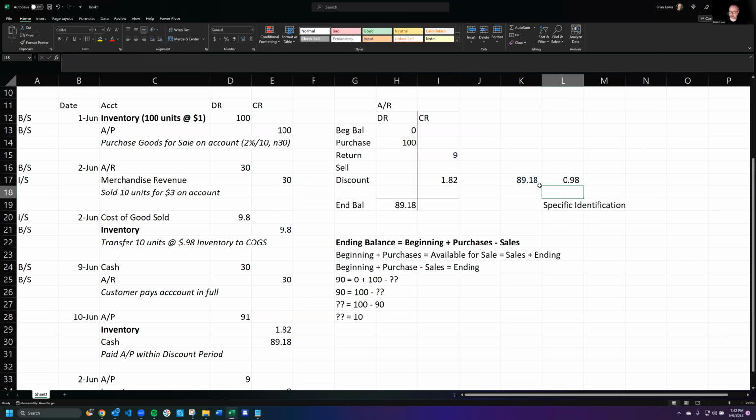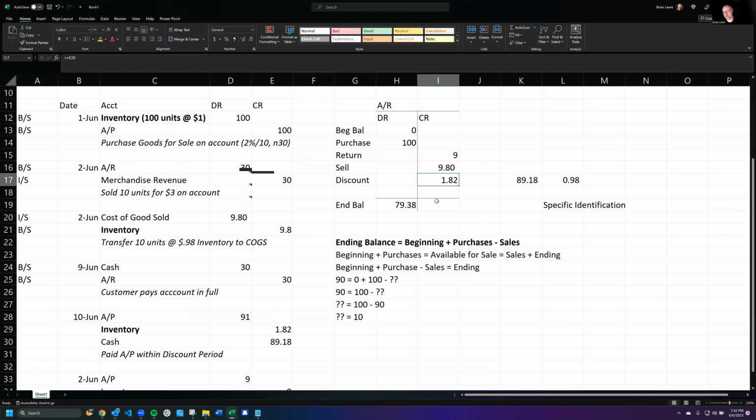Okay, so that's my average cost. It's still 0.98, probably rounded somewhere. So now when I want to do my inventory, I've got to do the 10 times, and we'll just use this number because it might be slightly different. And it's not. Okay, that's good. So this is the cost of goods for that, which makes sense because all we did is take the discount on the 91 and not on the full amount.